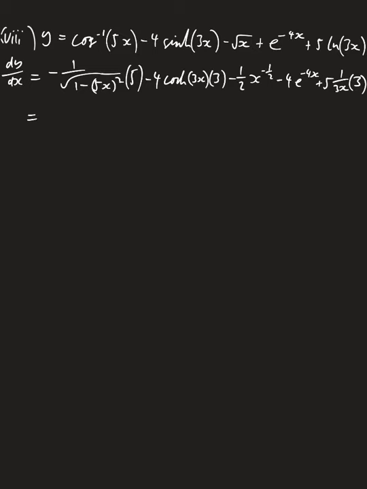So I can sort this out now and say that's minus 5 over the square root of 1 minus 25x squared. It's 25 because I have (5x) squared, so that's 5x times 5 times x.